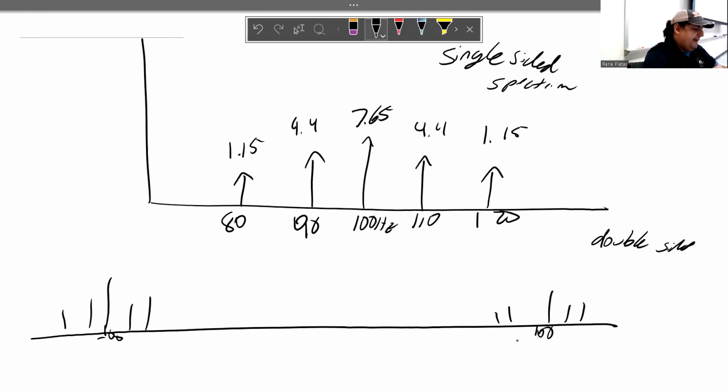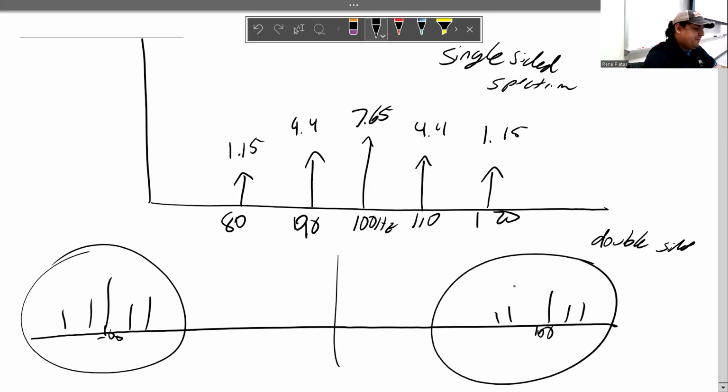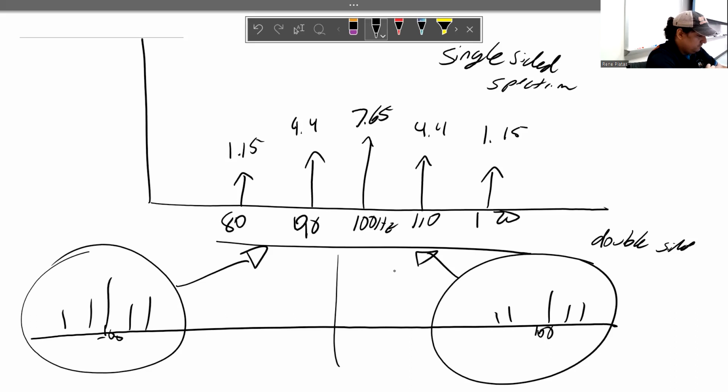And this is where you wouldn't divide by 2, because both of them are here. This one right here includes both of these. The single-sided spectrum includes both of these values here, so we have to divide by 2.